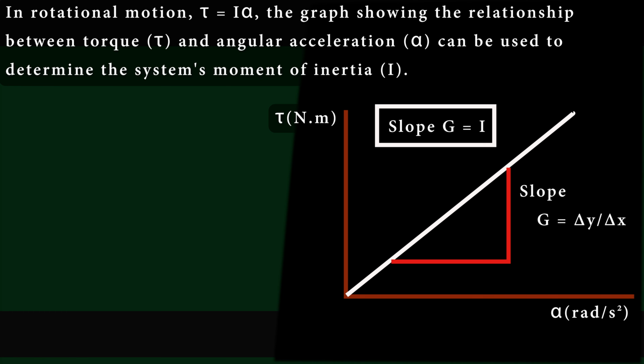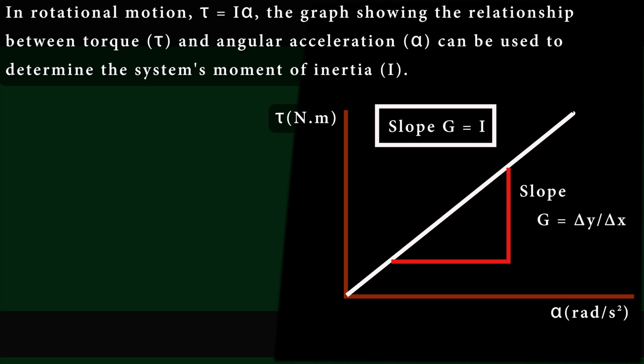In rotational motion, we have Newton's second law expressed as torque equals I alpha. A graph showing the relationship between torque, tau, and angular acceleration, alpha, can be used to determine the system's moment of inertia, I, where the slope of the graph equals the moment of inertia. In the experiment, students will release masses of varying sizes, m, and measure the time it takes for them to descend from a height h.